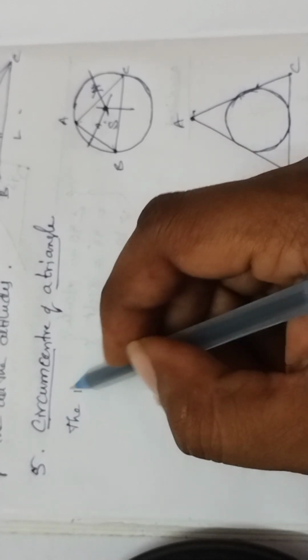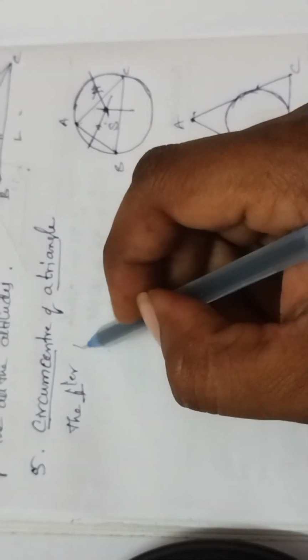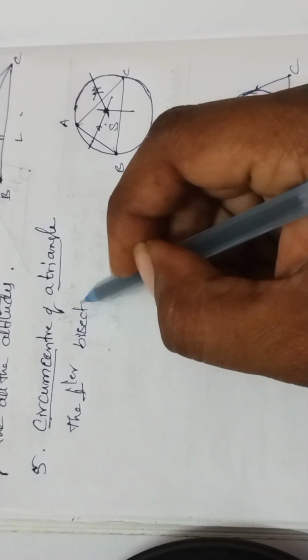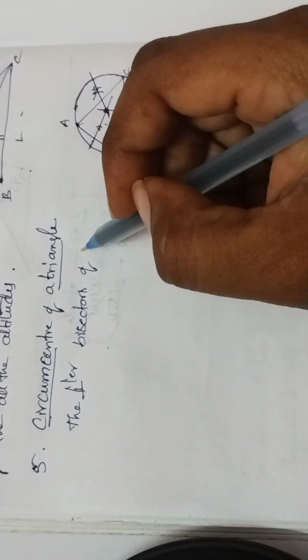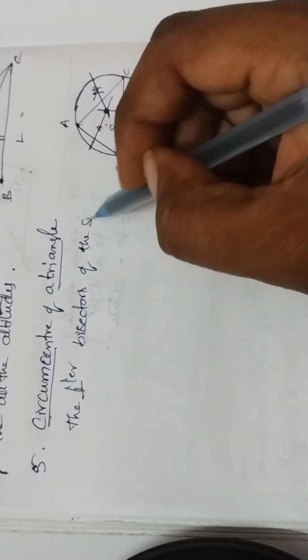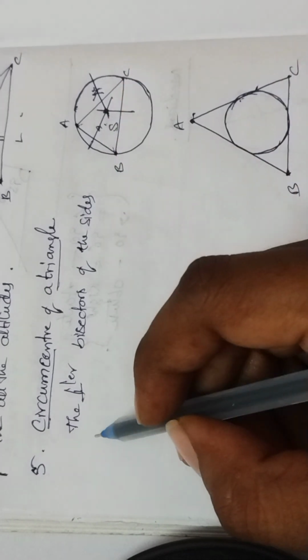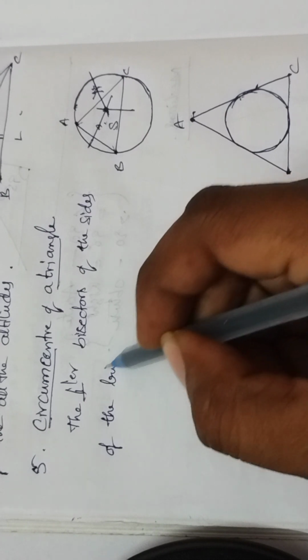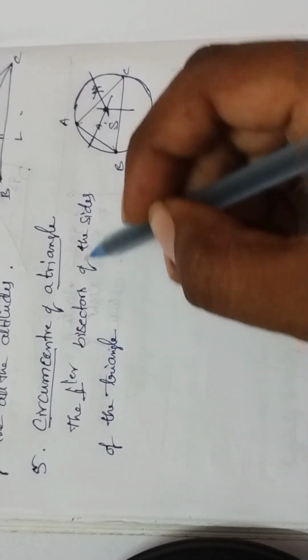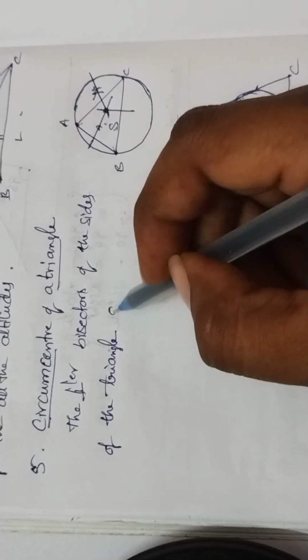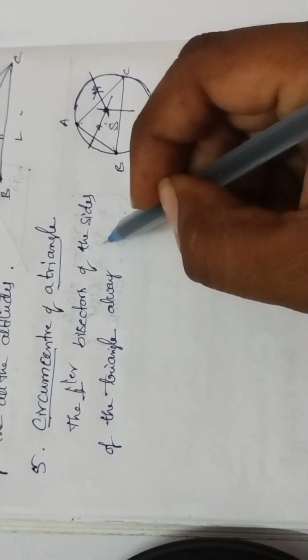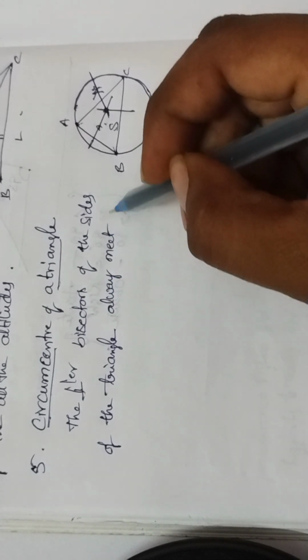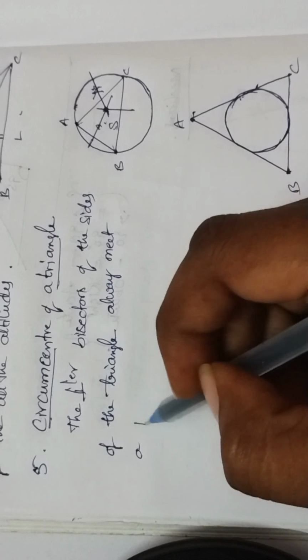The perpendicular bisectors of the sides of a triangle always meet at a point.